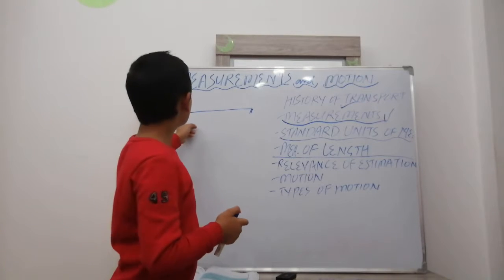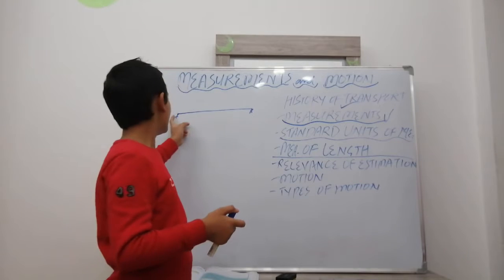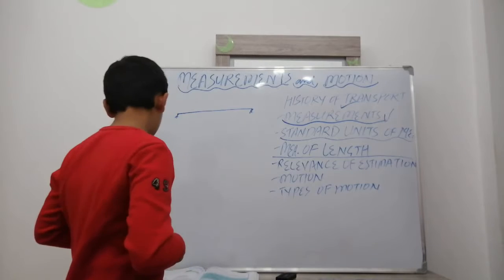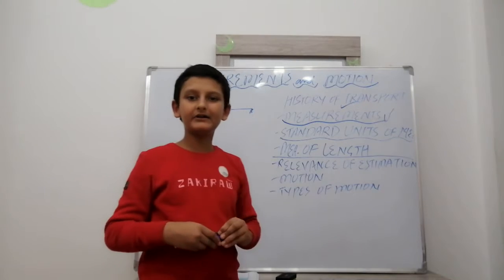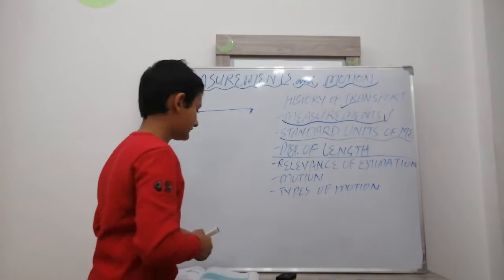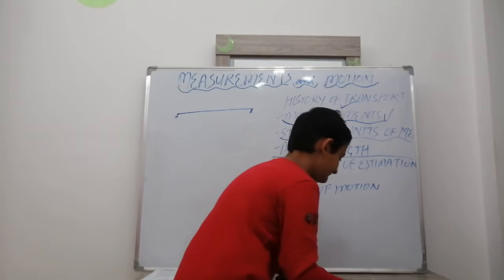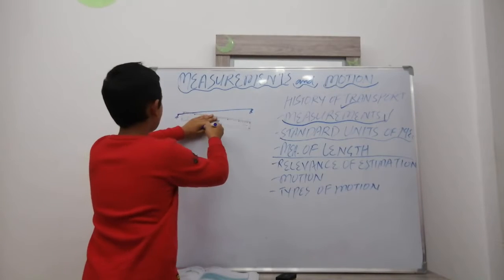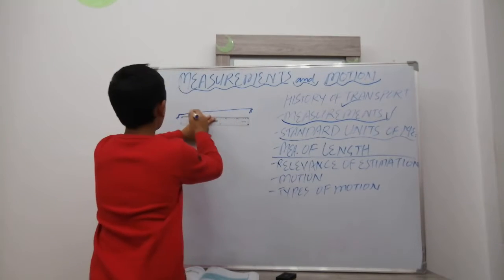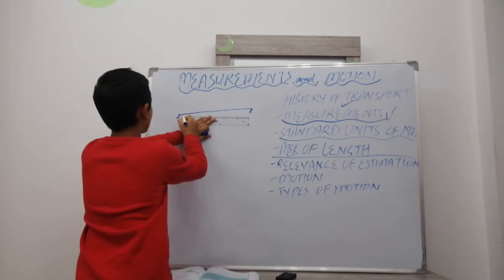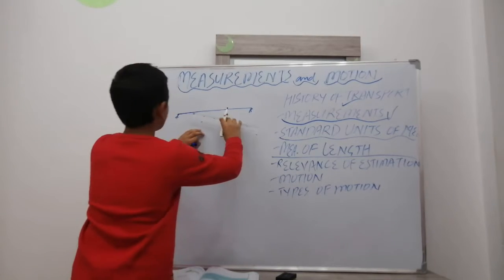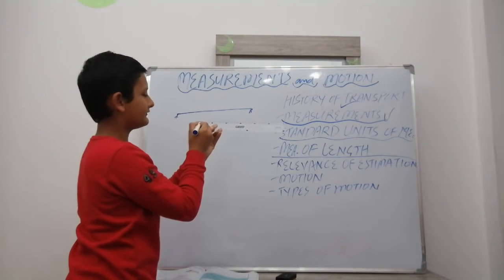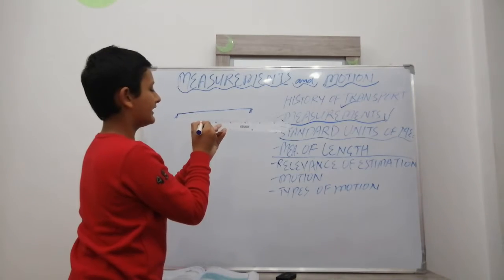This line is length. Length is the distance between one end and another end. To get accurate measurements, you should take all these precautions. Just assume that your scale, your ruler, is broken and it starts from 1 centimeter and 0 is not there.